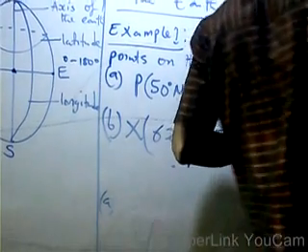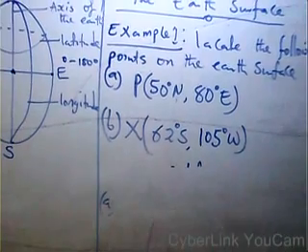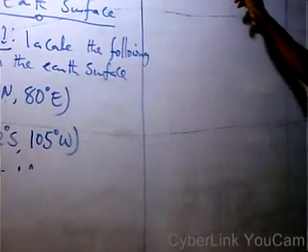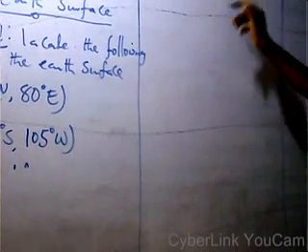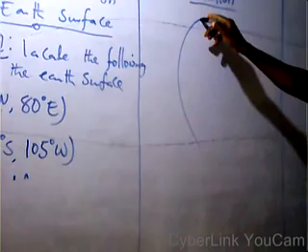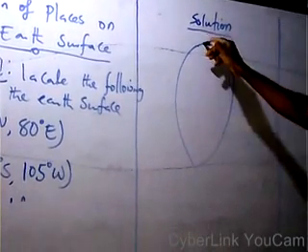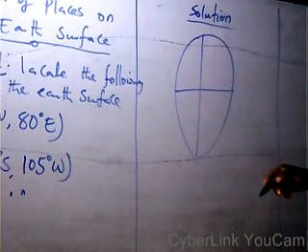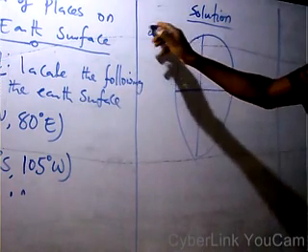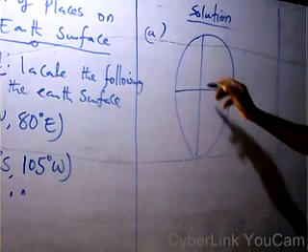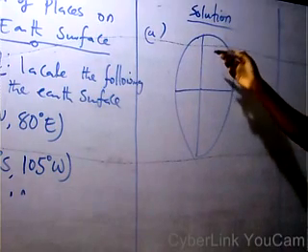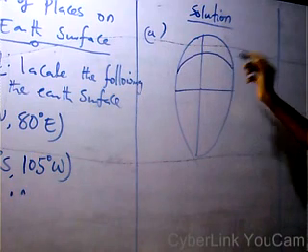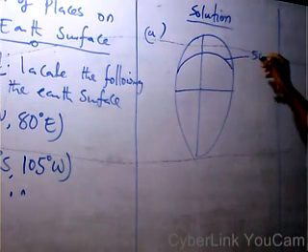So of course, solution to this. You have the sphere. This is the sphere, and this is the axis of the earth. For A, the latitude is 50 degrees north. 50 degrees is closer to 90 degrees, and it is in the direction of the north. So it has to be like this. That is our latitude. So this is latitude 50 degrees north.